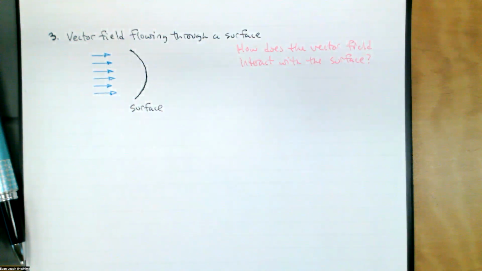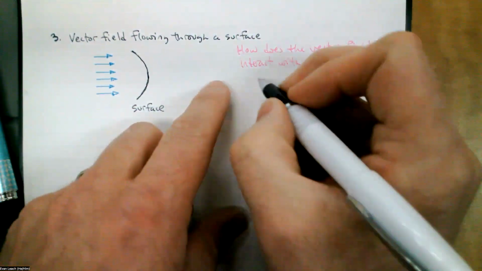What's happening as the vector field goes running into the surface, at each point on the surface?